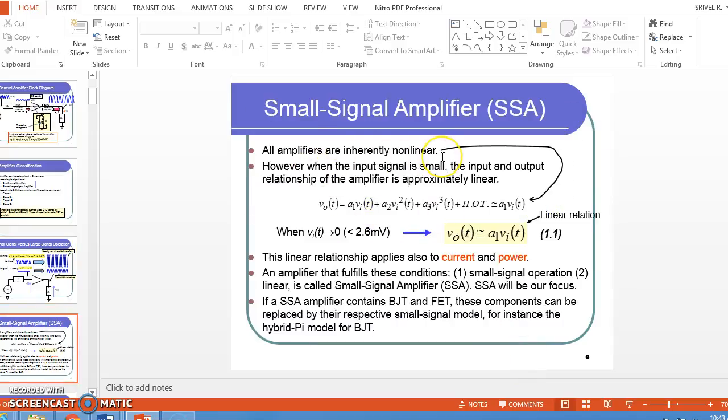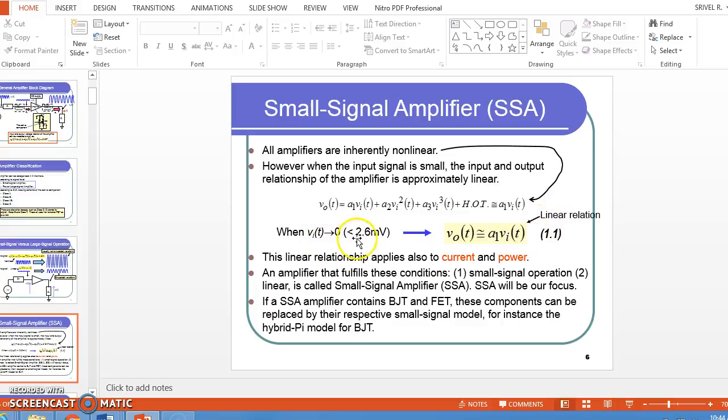All amplifiers are inherently nonlinear, as given in the equation that we discussed previously. However, when the input signal is small, the input and output relationship of an amplifier is approximately linear, that is V0 of t is approximately equal to A1 into Vi of t. So this is a linear relation.